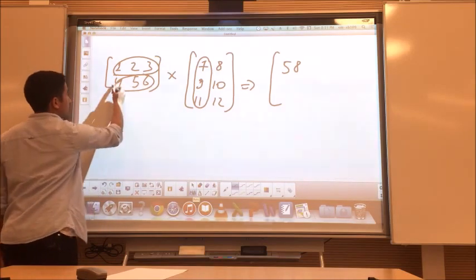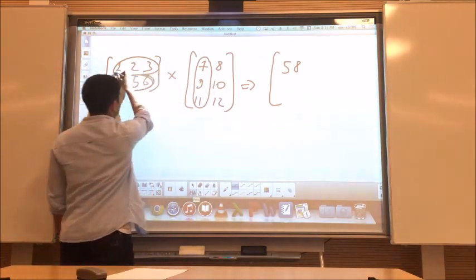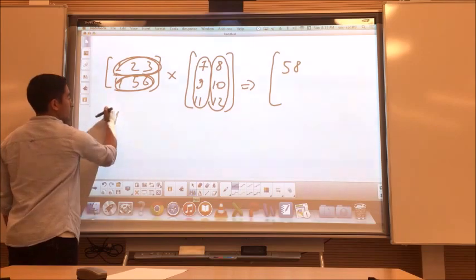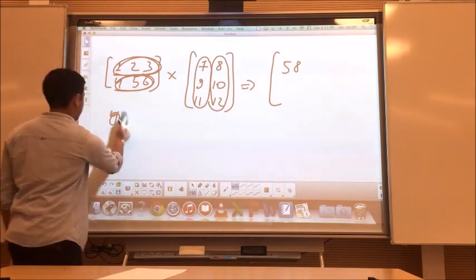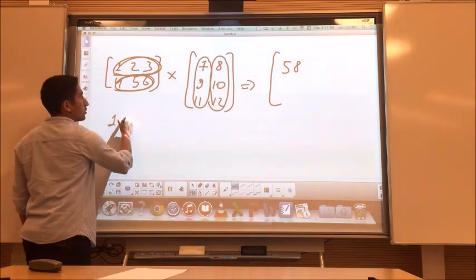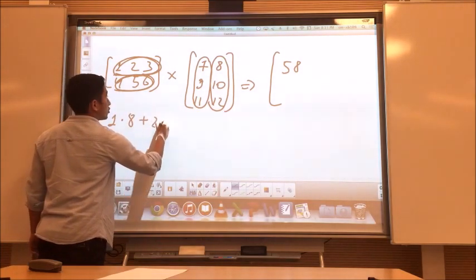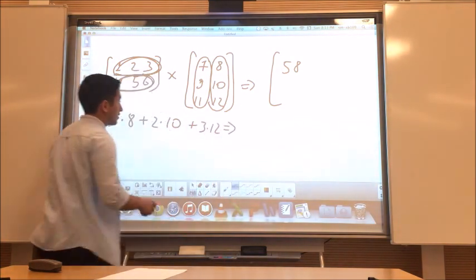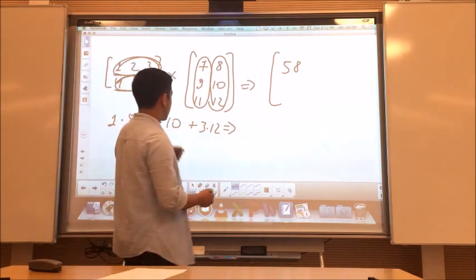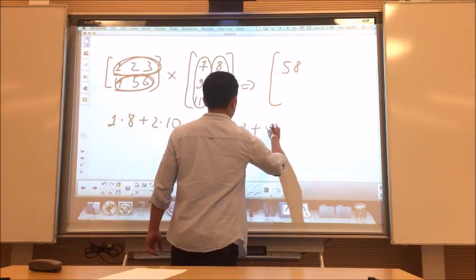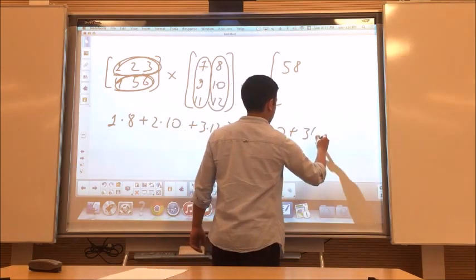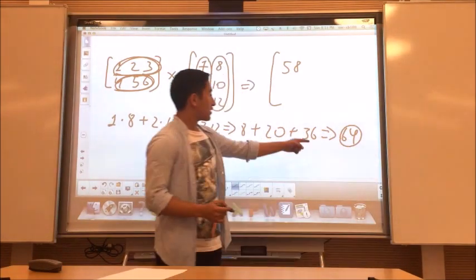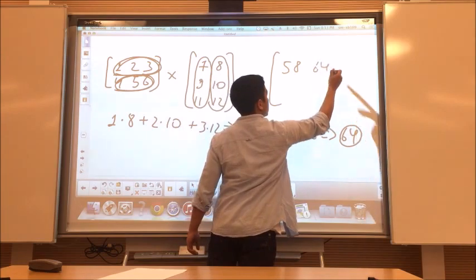Next, the first row with the second column. So what we are doing is 1 multiplied by 8, 2 multiplied by 10, and 3 multiplied by 12. 8 plus 20, and we get 64, and we are writing 64 to here.